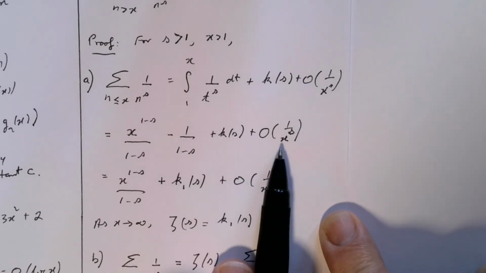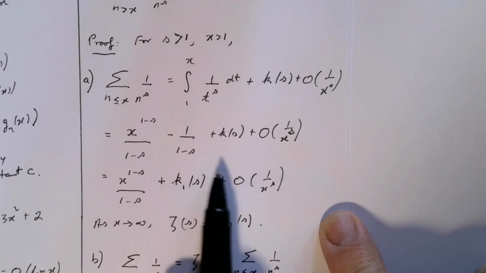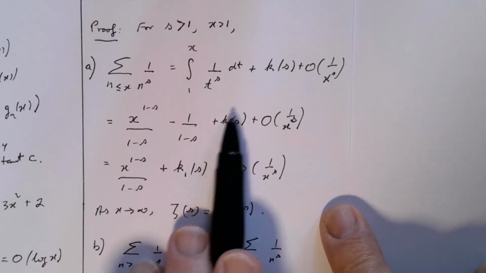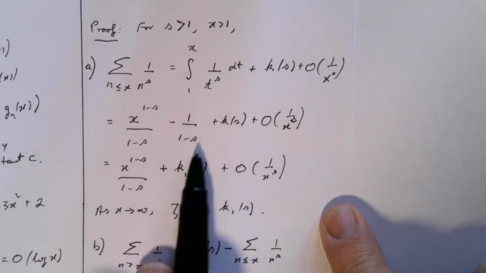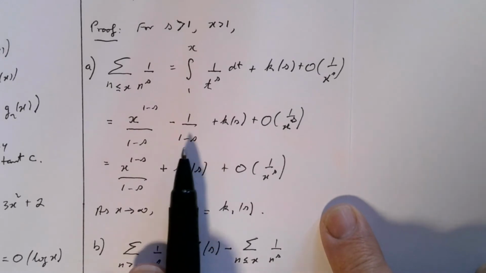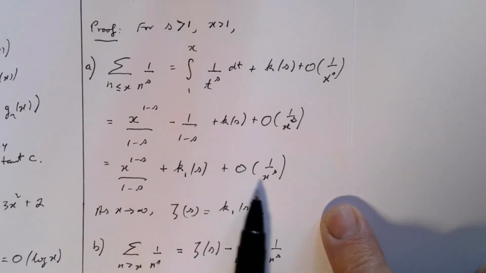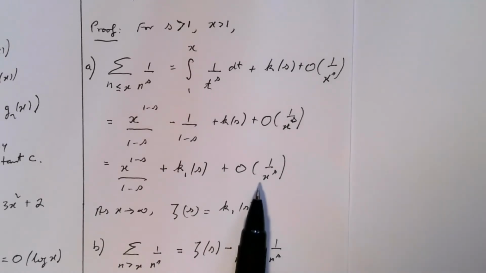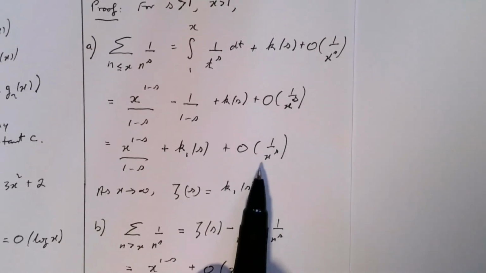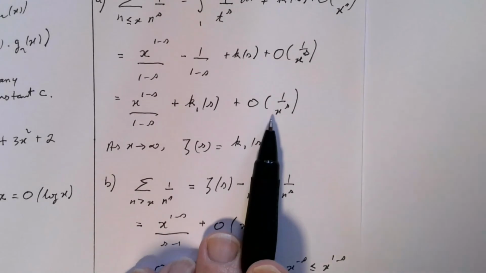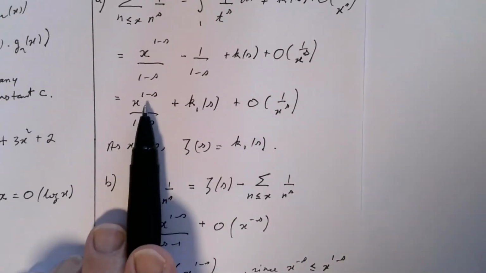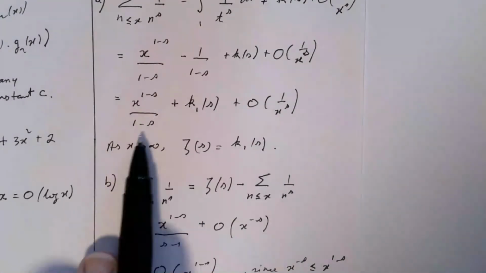And this is a function of s, well so is this. This is a simple function only of s here, so I'm going to combine these two together and call it k1 of s. Copy the rest down. And now I'm going to see what happens as x goes to infinity. So as x goes to infinity, remember s is bigger than 1, so this goes to 0.